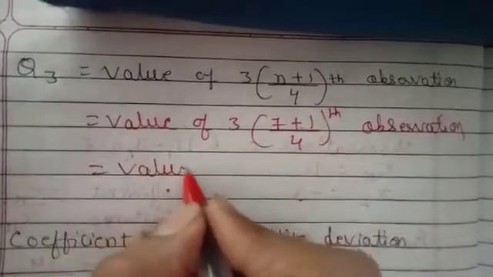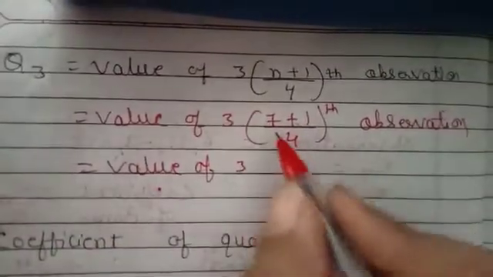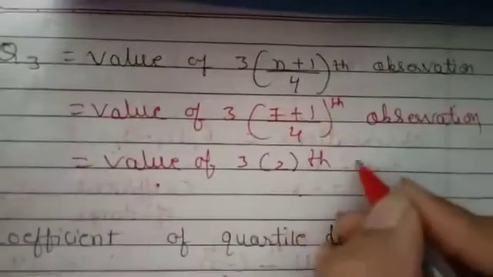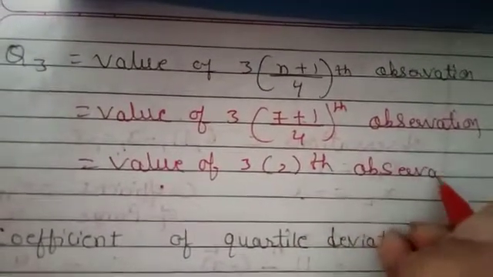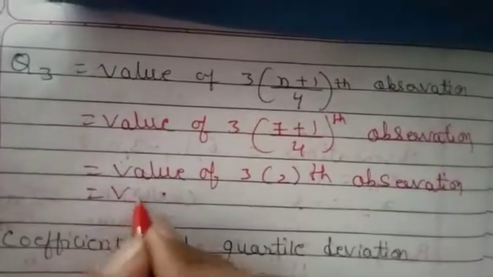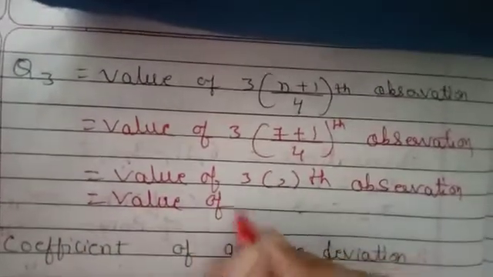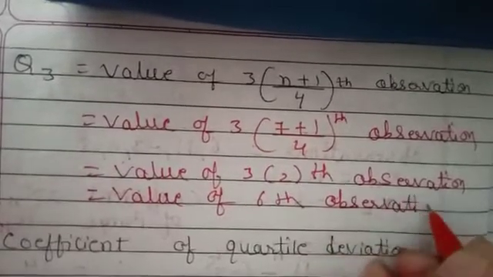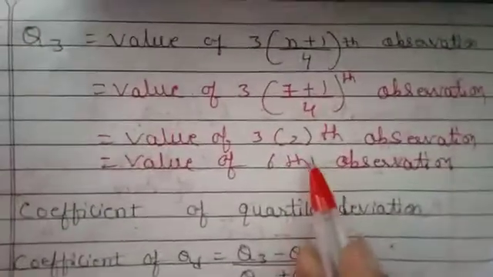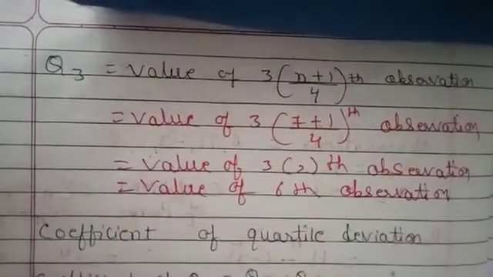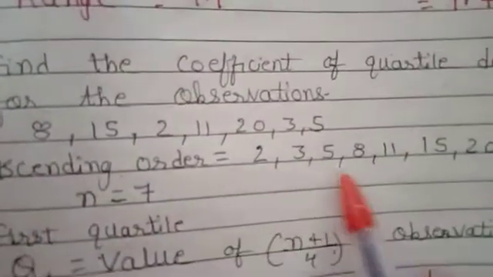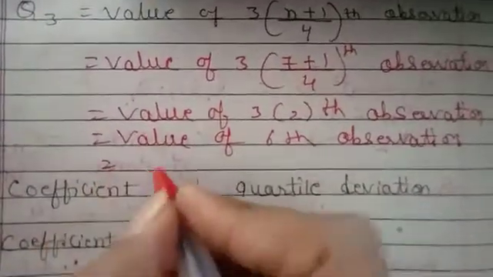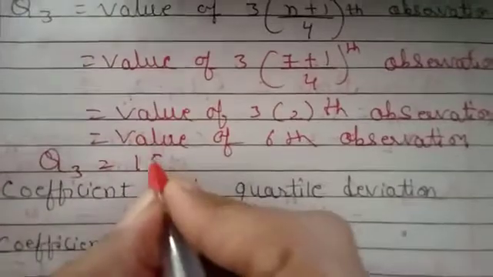Now 7 plus 1 is 8, 8 divided by 4, that is 2, so the 3 into 2, that is equal to value of 6th observation. Now the sixth observation we'll see from our observations. So 1, 2, 3, 4, 5 and 6, that is 15. So Q3 is equal to 15.